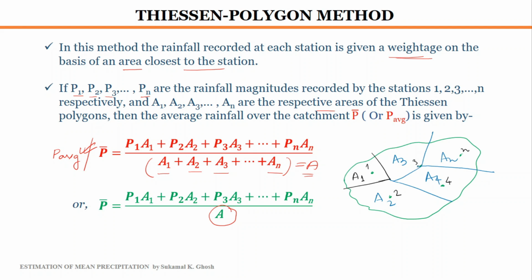Now suppose the rainfall for rain gauge station 1 was P1, for rain gauge station 2 it was P2, it is P3, it is maybe Pn, and it is P4. Now if you consider it in this way, then you can apply this formula to calculate the mean precipitation.